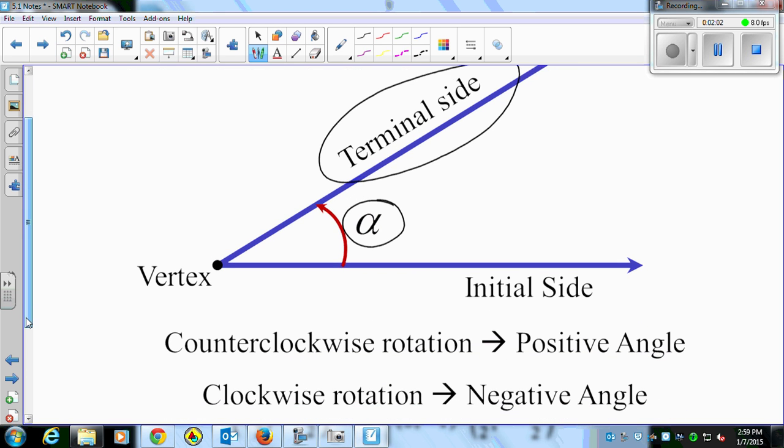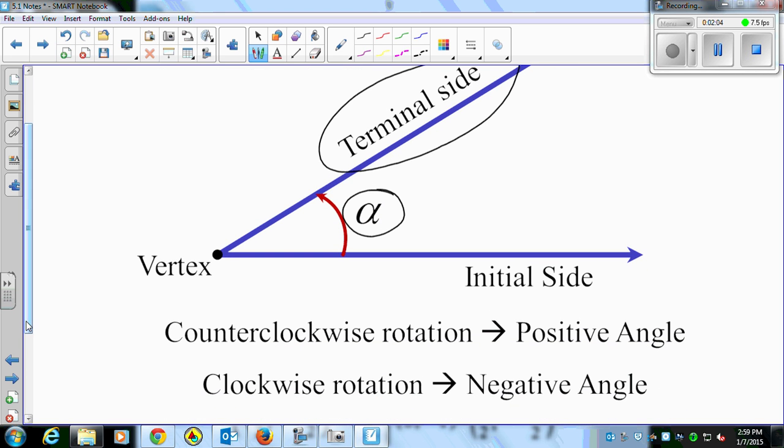In this course, this is going to be very important: counterclockwise rotation, the way opposite the hands of a clock go, is going to be considered a positive angle. We're turning in this fashion, counterclockwise.